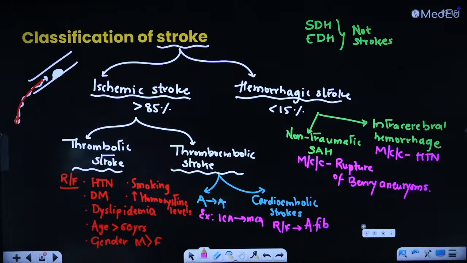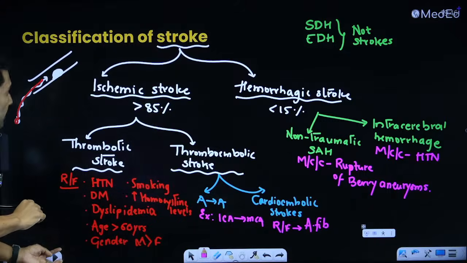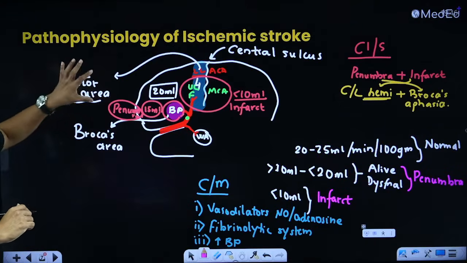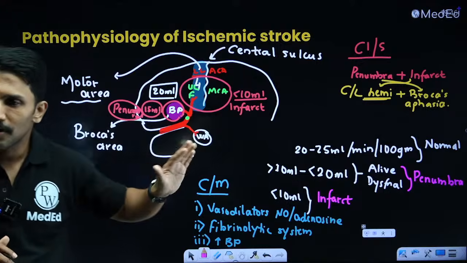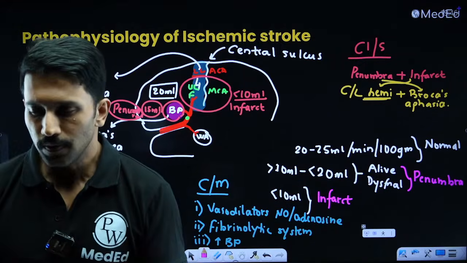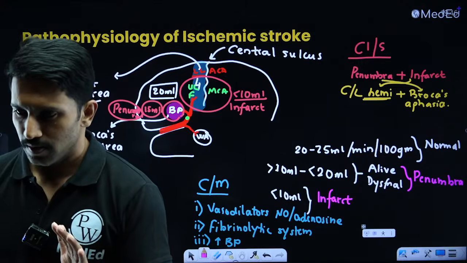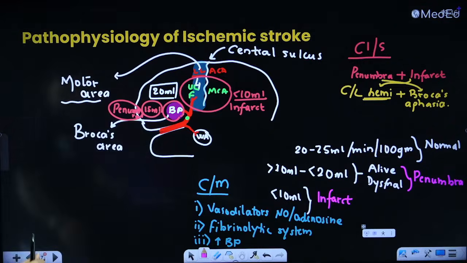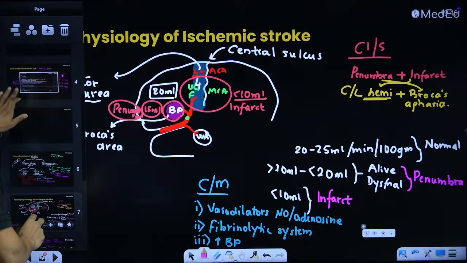Because I can't see the timeline when the voice went off. Jayashri or Anand. Okay, so classification was clear, I presume. So in that case, this pathophysiology of ischemic stroke was clear. So classification was not clear. Okay, so let me quickly restart what we were talking about.